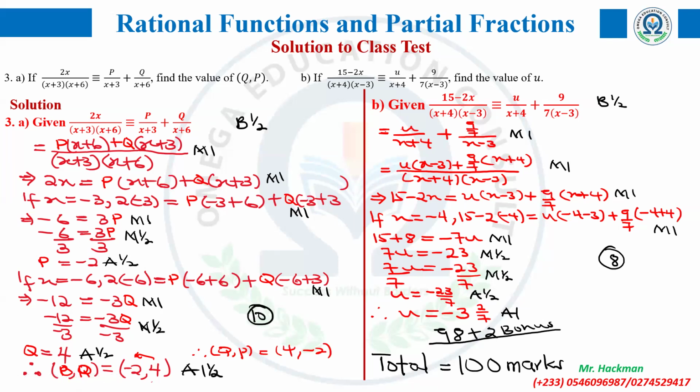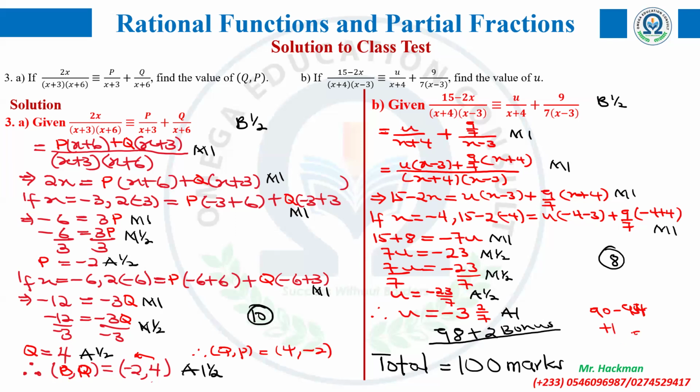So in all, the total marks should be 98. Then plus 2 bonus marks, making the grand total 100 marks. So this is how I am going to distribute my bonus mark of 2. If you scored between 90 and 94.5, you will get plus 1. You get only one of the bonus marks.